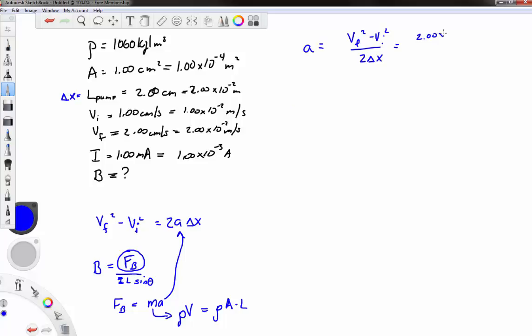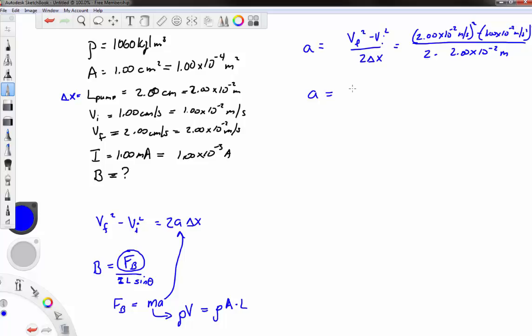This is 2.00 times 10 to the minus 2 meters per second squared minus 1.00 times 10 to the minus 2 meters per second squared, divided by 2 times delta x, which is 2.00 times 10 to the minus 2 meters.